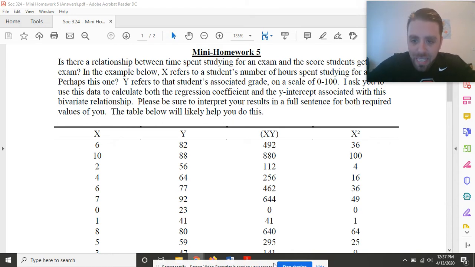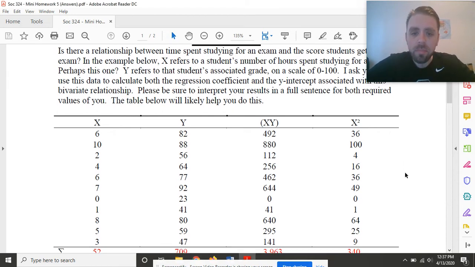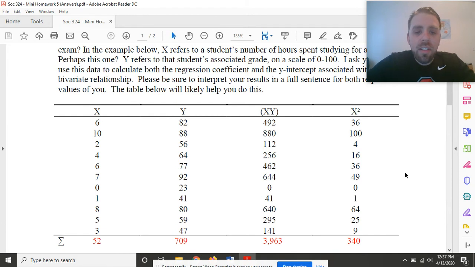So getting into the table, you were given values of X and Y, and you needed to use those values of X and Y to then calculate everything else you needed for the equation. Now, the equation for B and the equation for A requires you to have N, which is going to be 11 here.